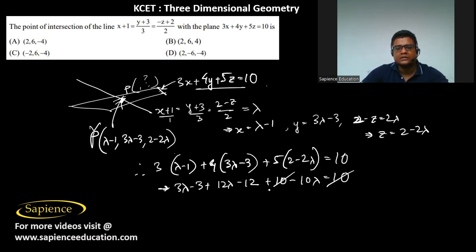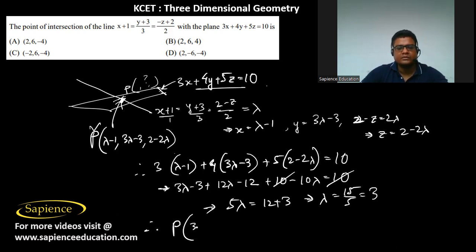So 10 and 10 will cancel out. Then 3 lambda plus 12 lambda minus 10 lambda, that is 5 lambda, is equal to 12 plus 3, that is 15. So lambda will be equal to 15 by 5, that is 3. So the required point P will be (3 minus 1, 3 into 3 minus 3, 2 minus 2 into 3).